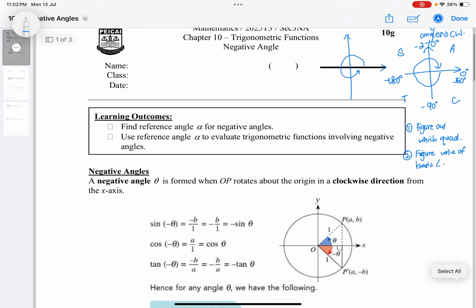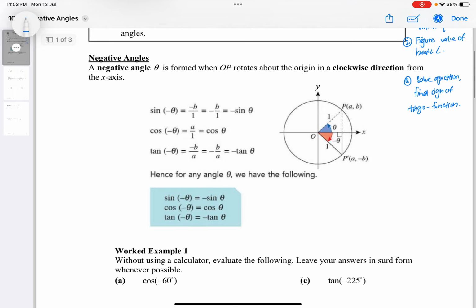And then step three, solve the question. Find the sign of the trigo function. So this is roughly the three steps that we have been doing in the past few examples, starting from 10E to 10F worksheet.